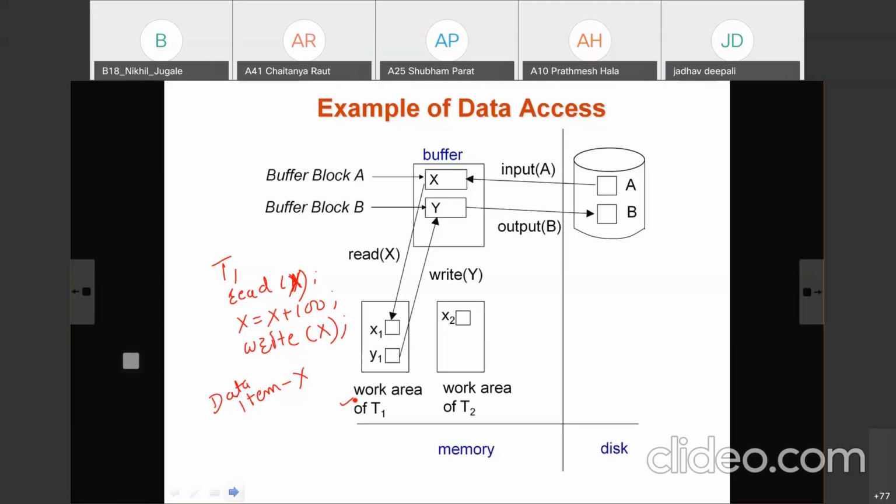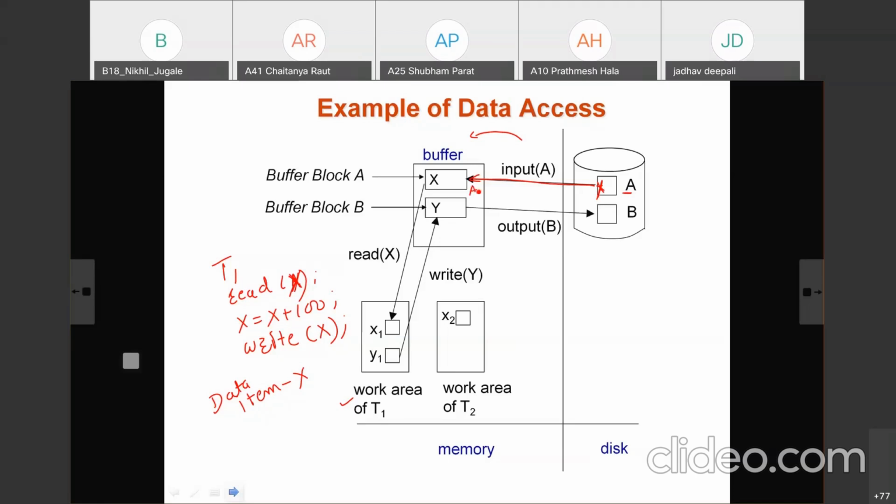If it is not there, then first input A is executed, meaning it transfers the physical block A, where the data item X is stored, from disk to main memory. So block A comes here. Now data item X is available.